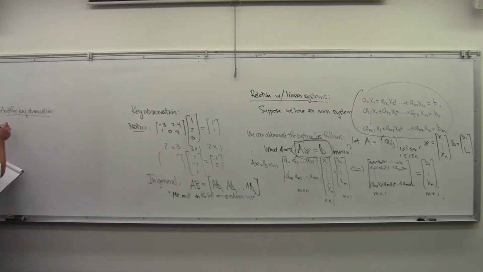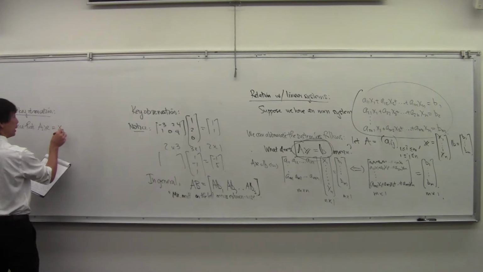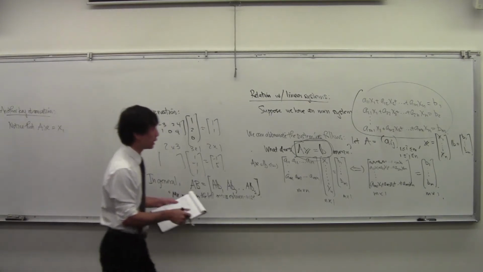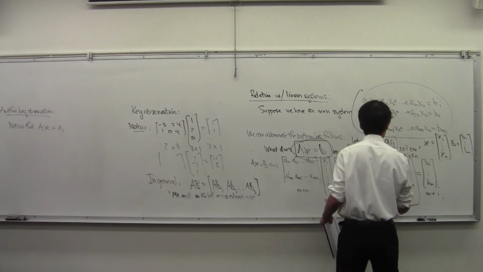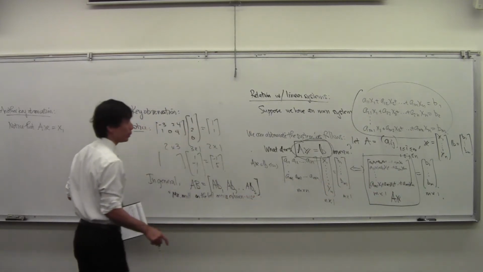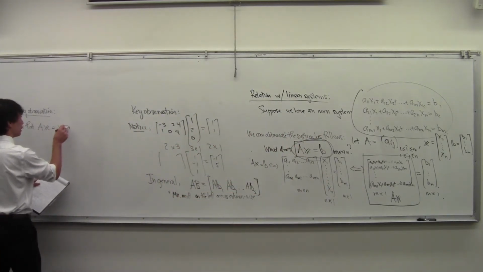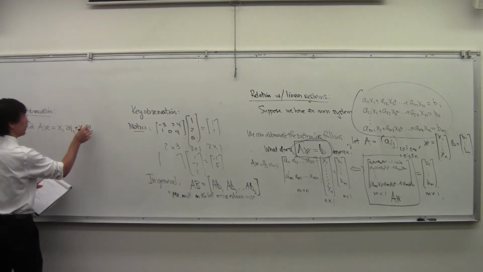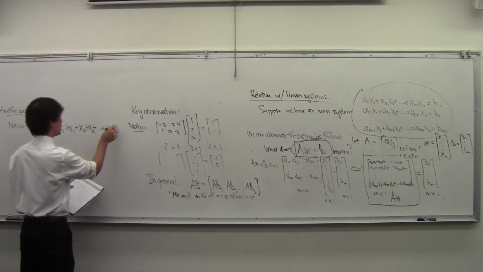Notice that this AX that we had over here, we could also express as x1 times the first column of A, plus x2 times the second column of A, plus xn times the nth column of A.